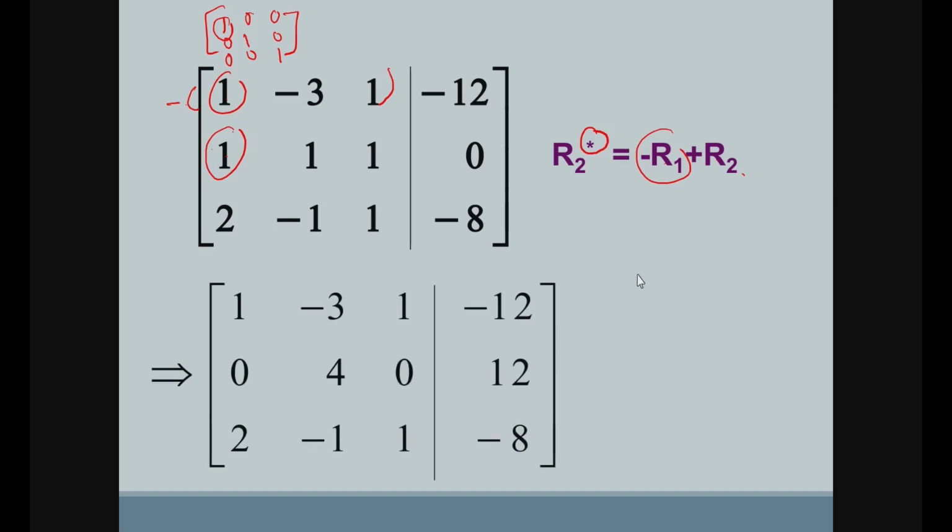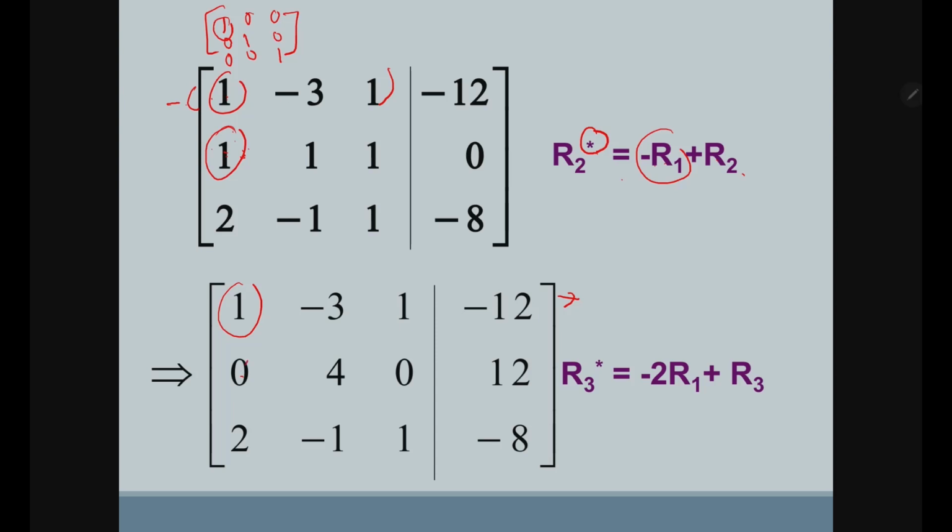Okay, look at here. For the first row, no need to change anything because here it is already 1. For the second row, we need to reduce to 0, right, by using the formula of the new row 2, negative R1 plus R2. So negative 1 plus 1 we can get 0.